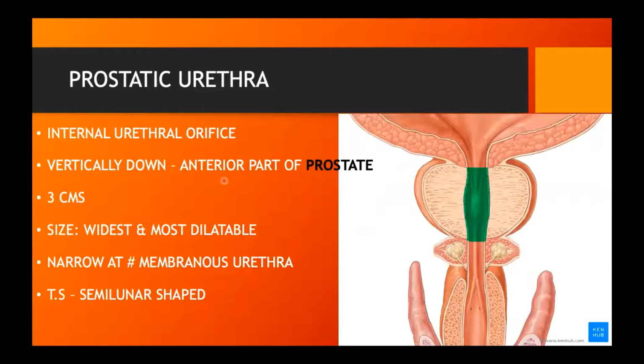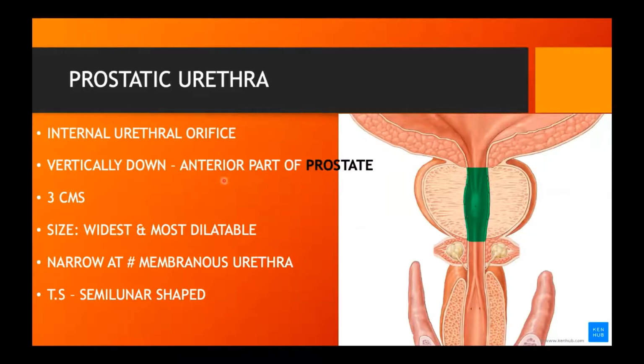Coming to the prostatic urethra, it is beginning at the internal urethral orifice and moves vertically down in the anterior part of the prostate, having a length of 3 centimeters, that is 2.5 to 3 centimeters, and it is the widest and the most dilatable part of the urethra in males.